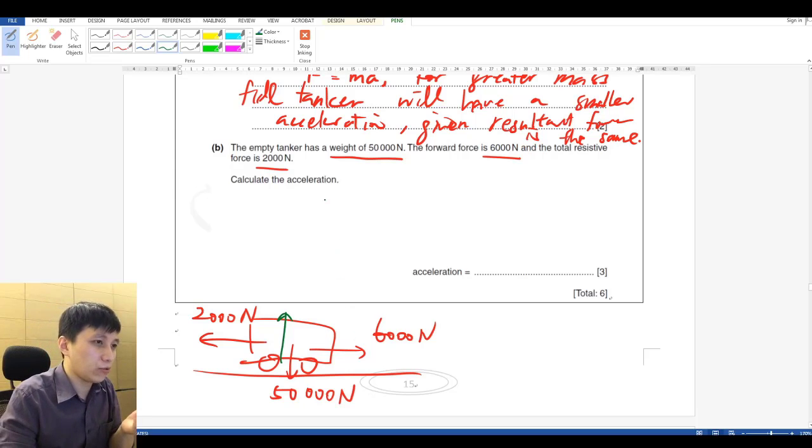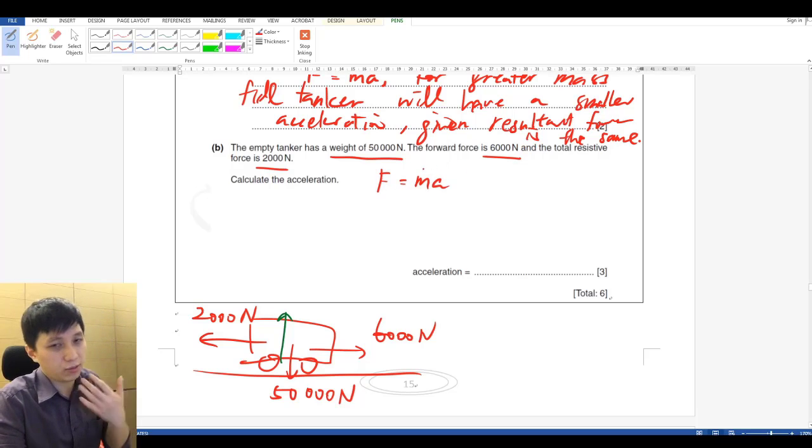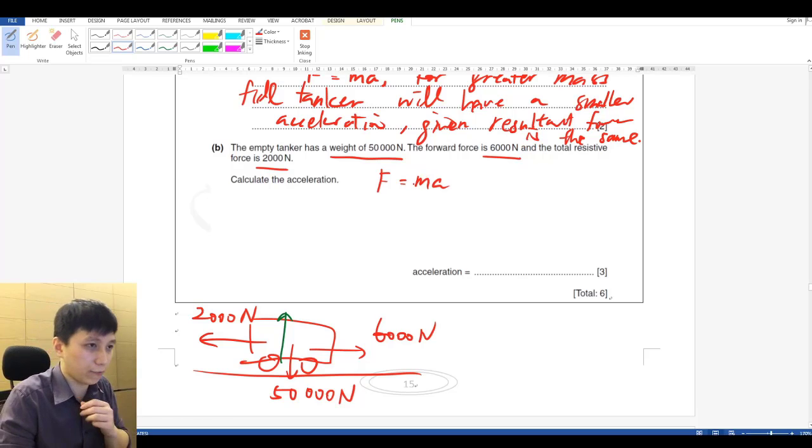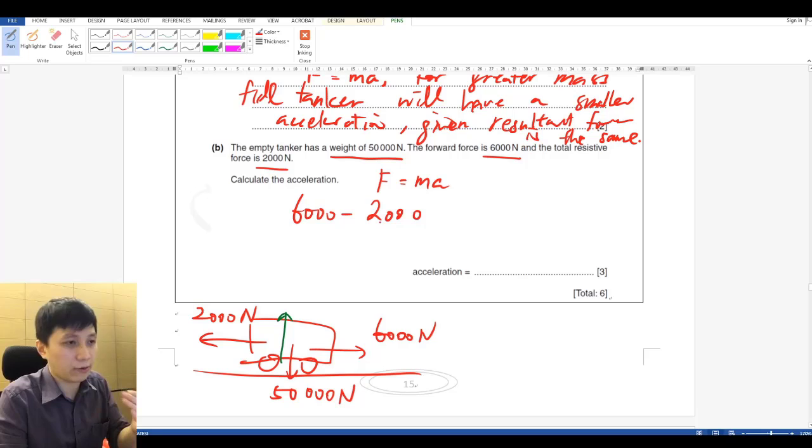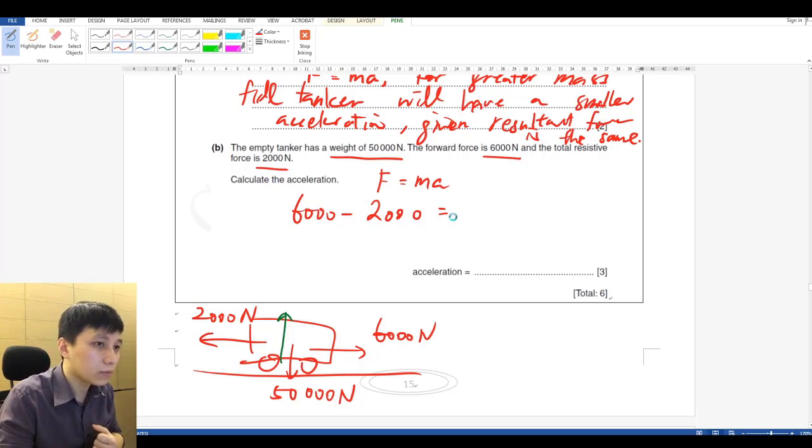And so the only thing that you need to do is, first of all, of course, state the equation as usual. Don't try to substitute anything, just write the general equation first. F equals ma. So for net force, here we've got 6,000 and 2,000, but they're in opposite directions, so you have to subtract them.